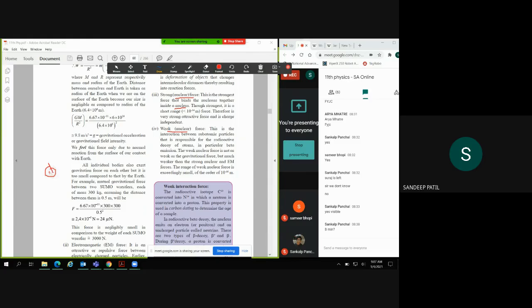So at the center there are always neutrons and protons, right? And outside there are orbits of electrons, right?